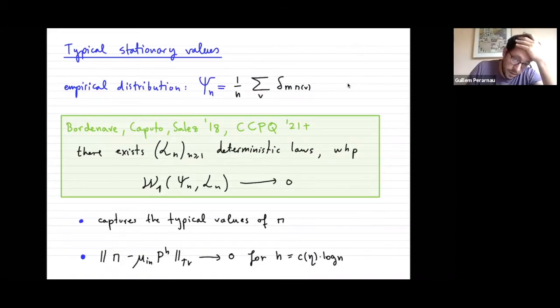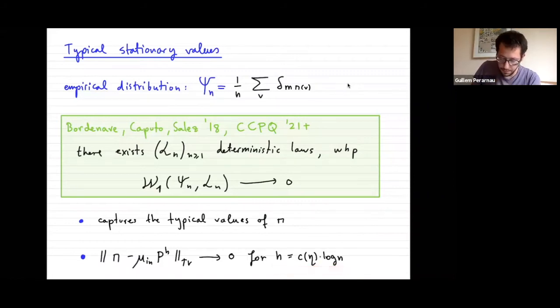One of the intermediate results that they need, and we also need to prove, is that if you start with the distribution mu_in and then walk for some steps, you converge to the stationary distribution in relatively few steps.